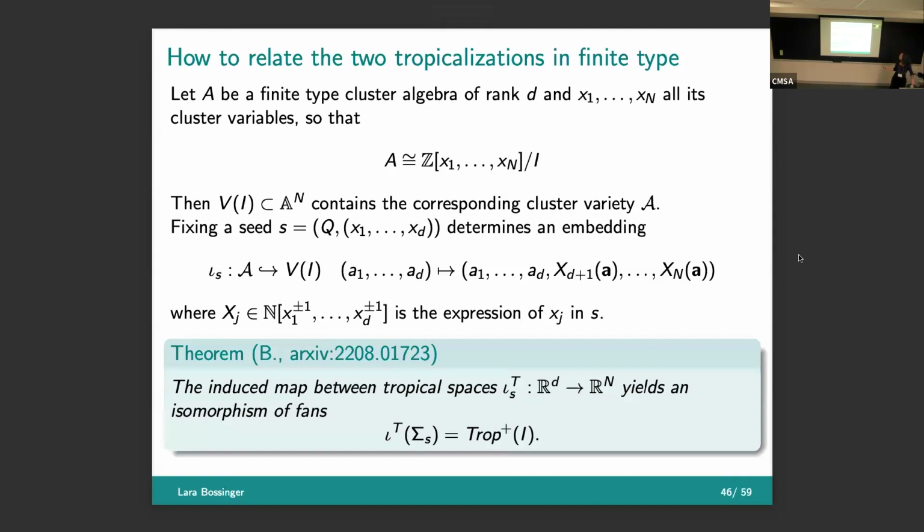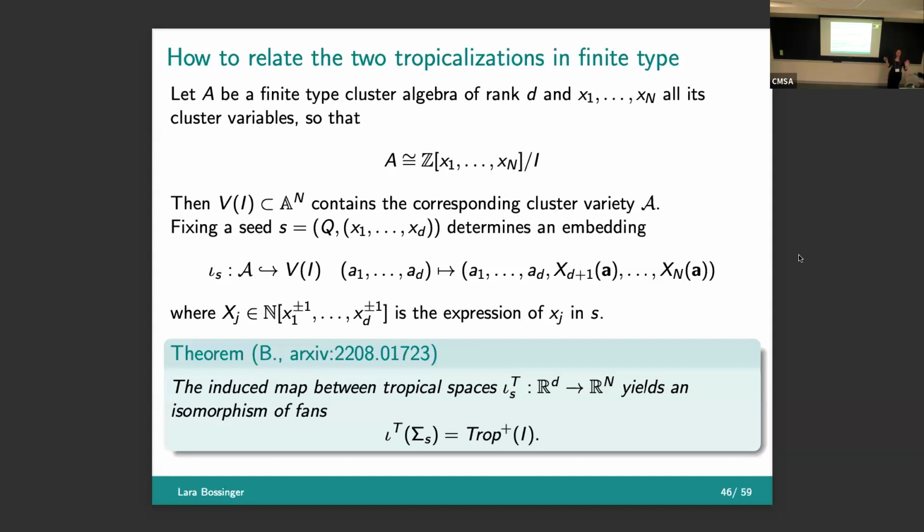Okay? And that's it. So we're filling the blanks: cone goes to cone. There's a piecewise linear map that respects the fan structure of the two.